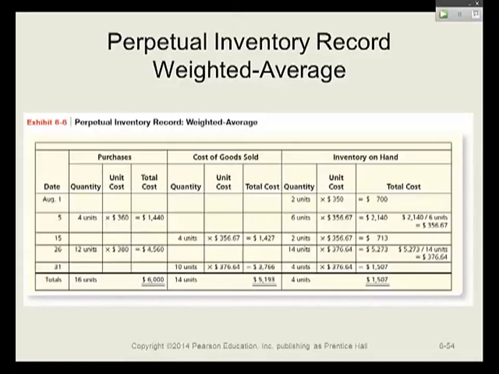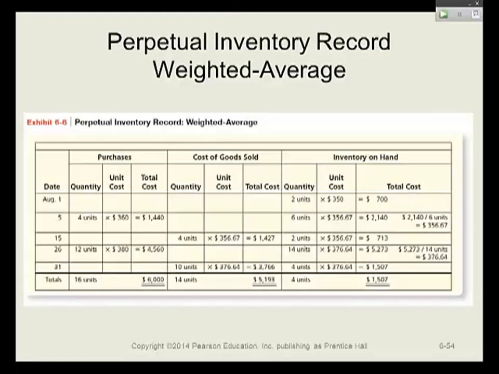Now I'm going to put this up in the next learning objective, but notice that the average cost, as you would expect, falls between the 2 extreme methods. The 2 extremes are first in, first out and last in, first out, and the average cost should fall between those 2. If you are looking for a way to check logic or validate your answer, just remember that the average cost should be between FIFO and LIFO.